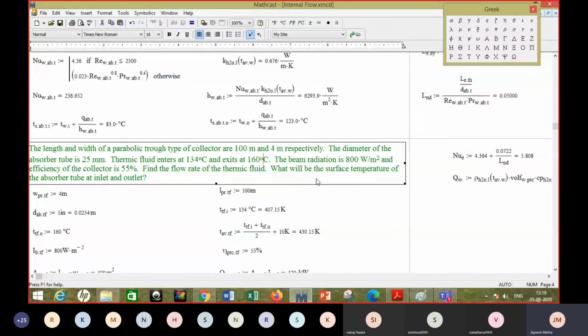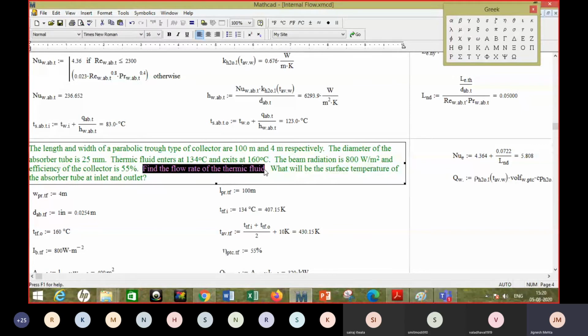Okay, and that is done with the help of the solar energy available on the surface of a series of parabolic troughs. So here a single length is mentioned, but in actual it may be broken down into multiple parts. Okay, so you have to find the flow rate of the thermic fluid.